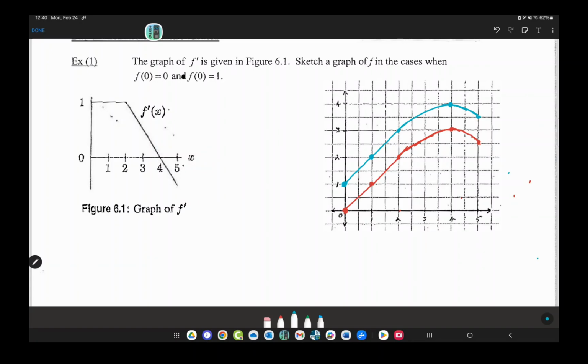So again, because we have the derivative function, if I want the original function, I have to technically integrate. What we can't account for is whatever constant I have. So they give us two different constants we could use.